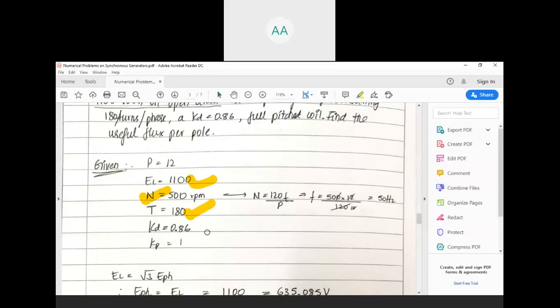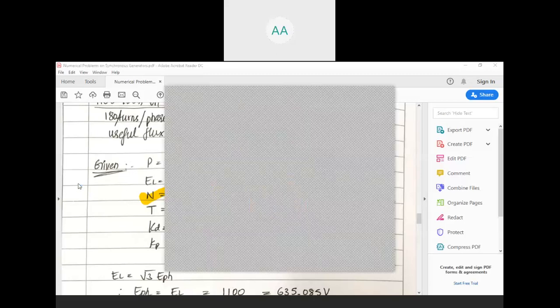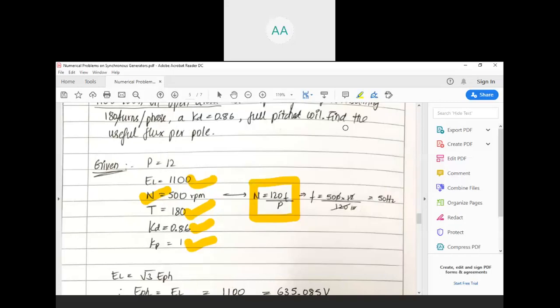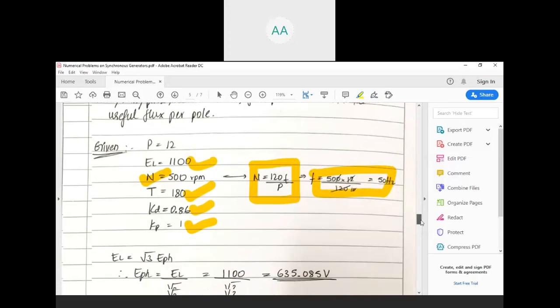Turns per phase, TPH, is 180. Kd equals 0.86 and Kp equals 1. So you have the equation given there, and F equals 50 hertz again.